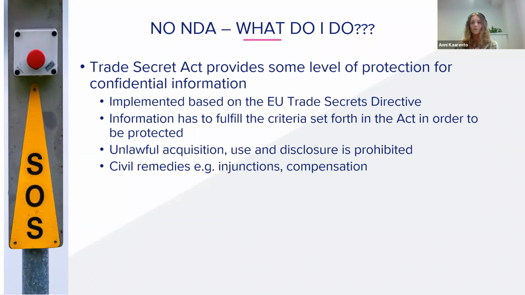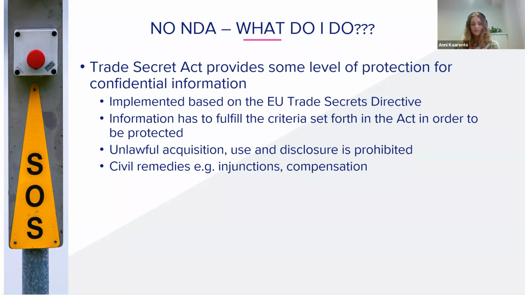And also the information has to have some value to your business activities. And in addition, the trade secret holder has to take some reasonable steps to keep the information secret, so you cannot go showing your trade secrets to everyone.